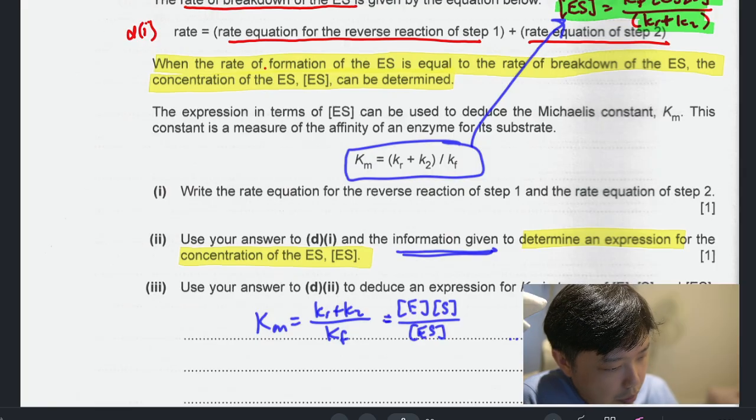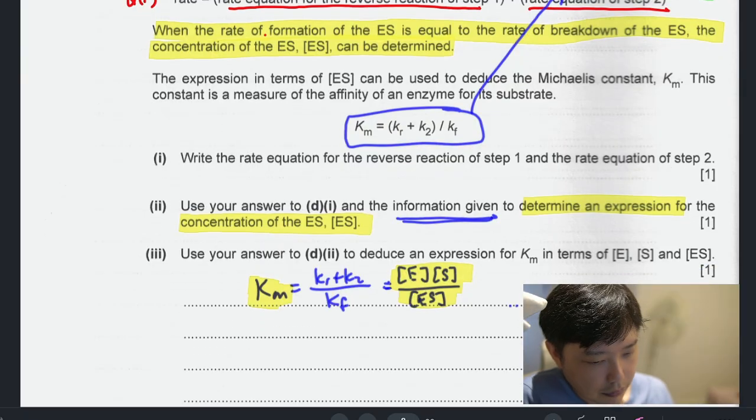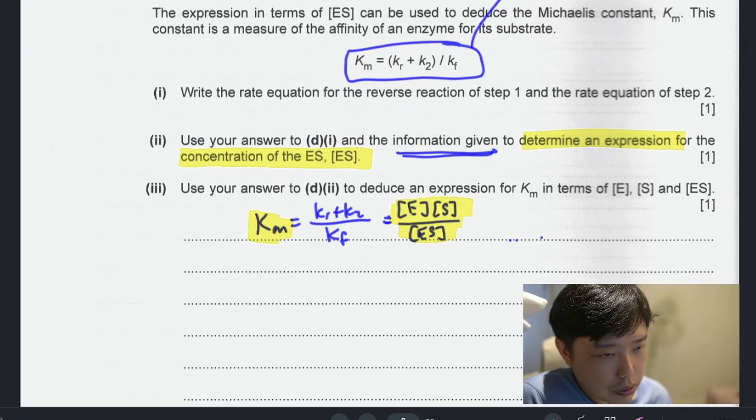Yep, so that's actually it. You just need to manipulate our expression in D part 2. Okay, so Km as expressed in E, S, and the complex ES. Alright, so it looks a little bit complicated, but I think it is still very much doable.